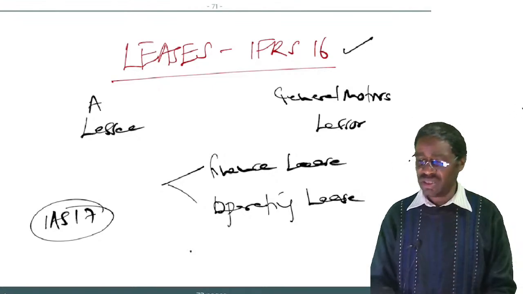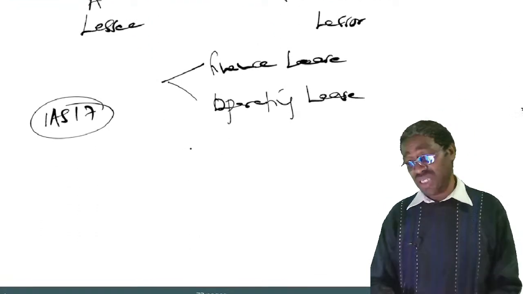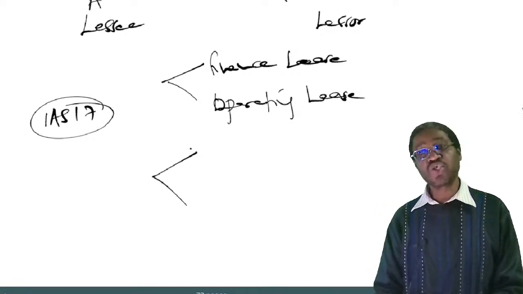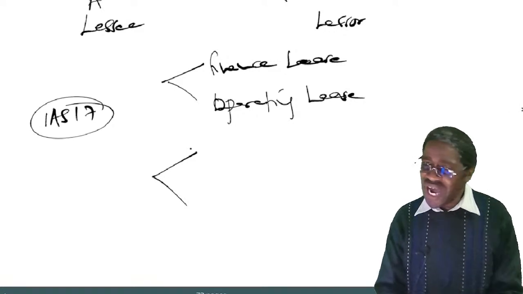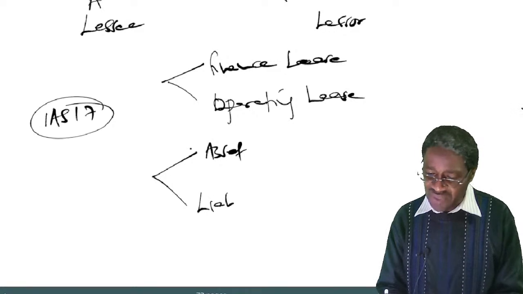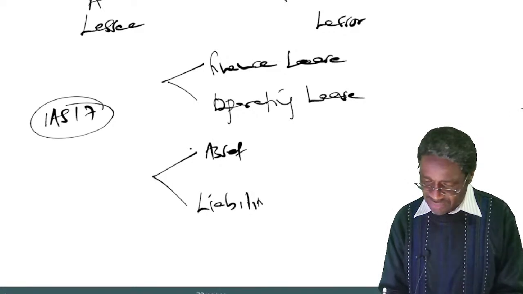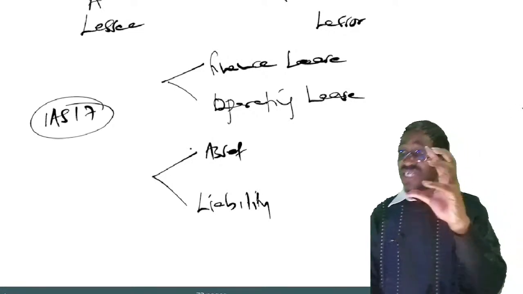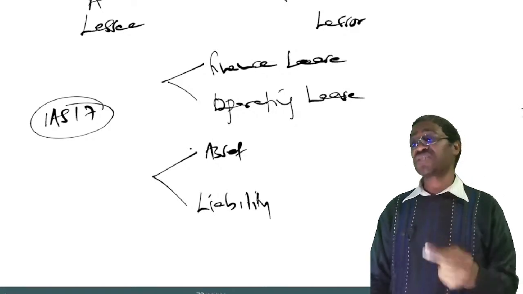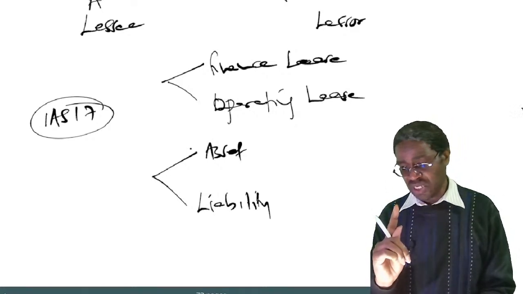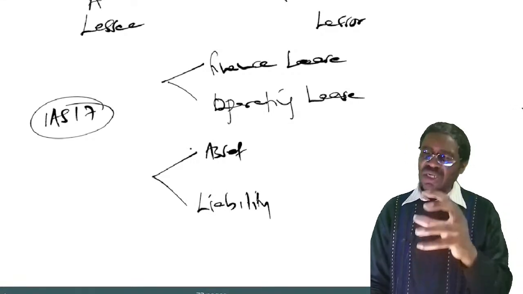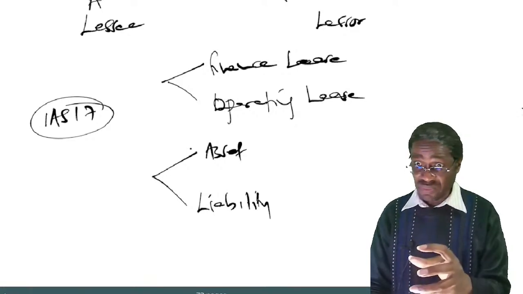Instead, you as a lessee should recognize that lease both as an asset in your books and at the same time as a liability. Now listen, why should you recognize that lease as an asset in your books?